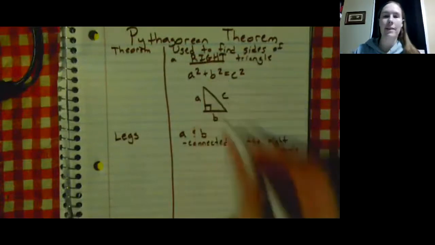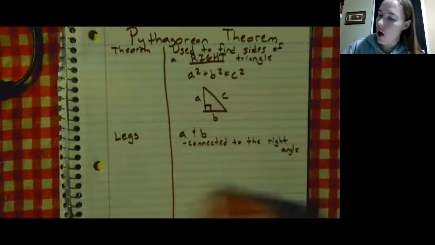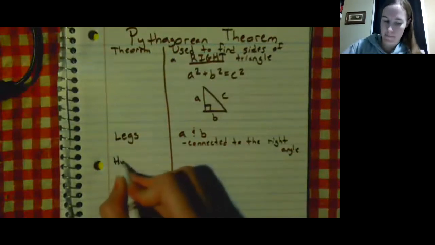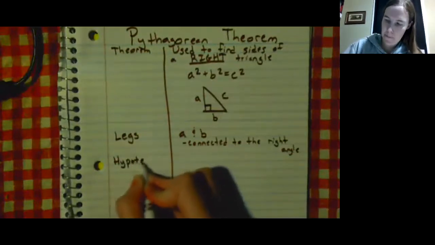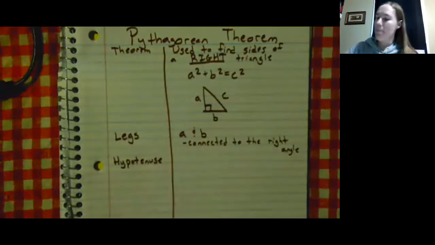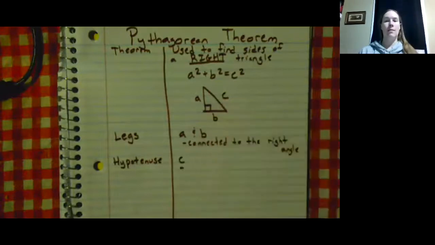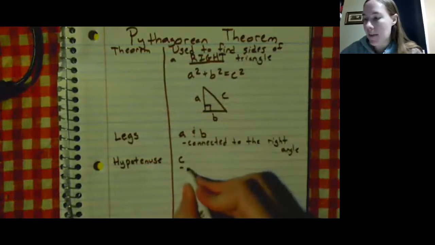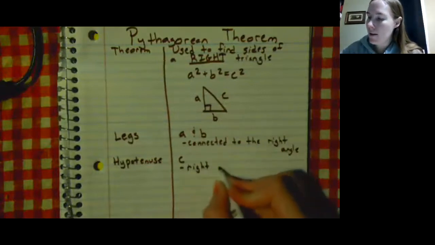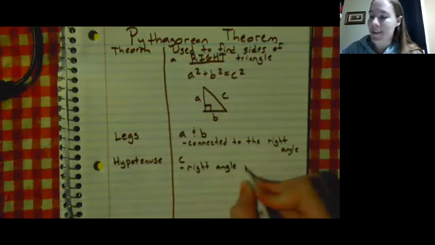So the last part, the C, is called the hypotenuse. And the hypotenuse, again, is your C value. And you can find it because it's not connected to the right angle. And I like to think I find it by seeing the right angle points at it.